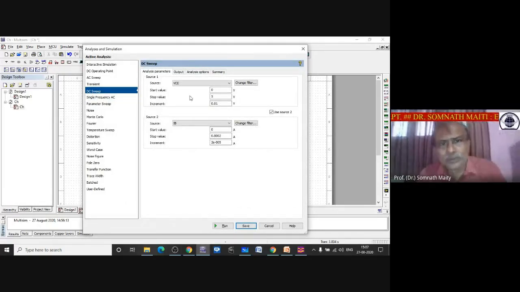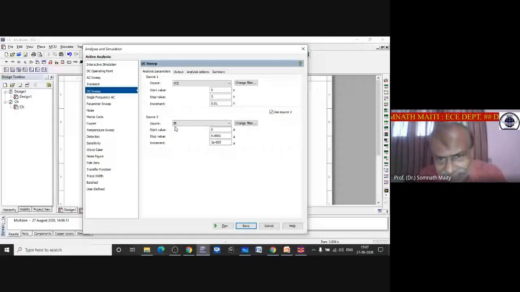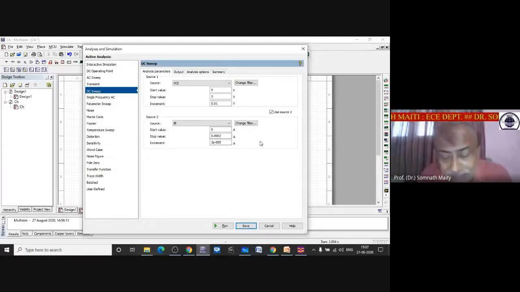The collector emitter voltage is varying from 0 to 5 in steps of 0.01. Base current is varying up to 0.0002 ampere. What does it mean? 0.0002 ampere means how many microampere?